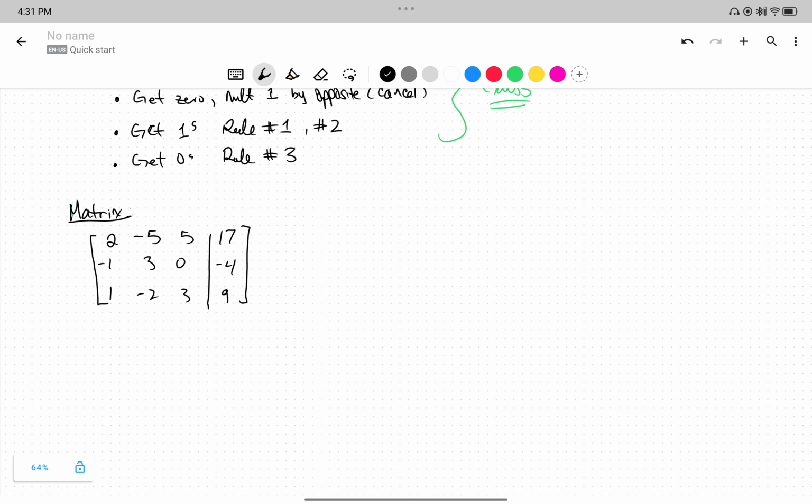And going back to the same thing we were doing where we keep things organized by labeling. We used to label equation 1, 2, and 3. Our new labels are going to be row 1, row 2, row 3. All right, so here we go.